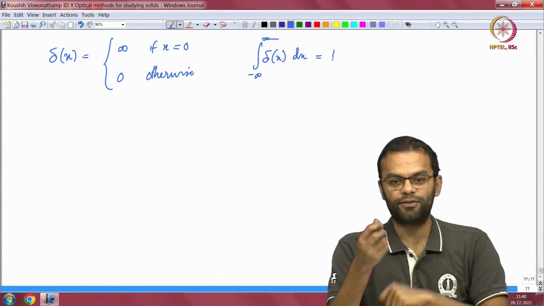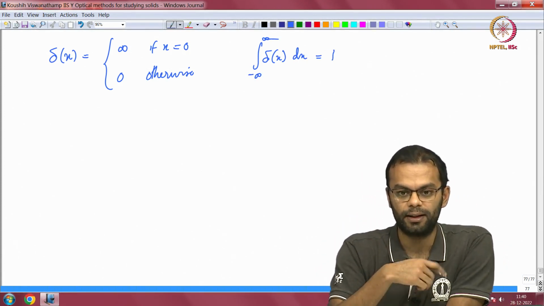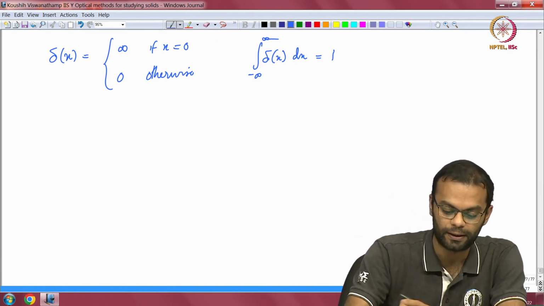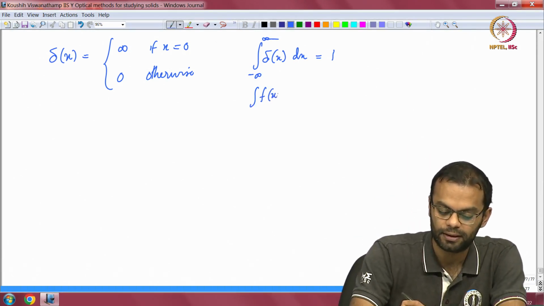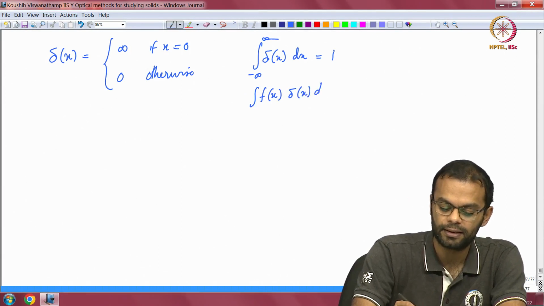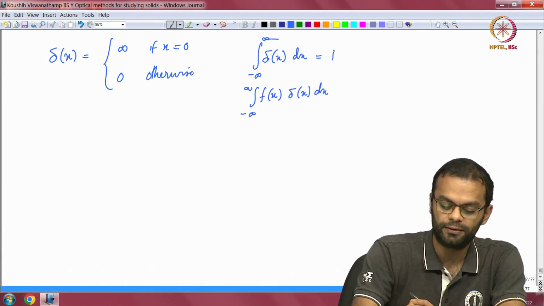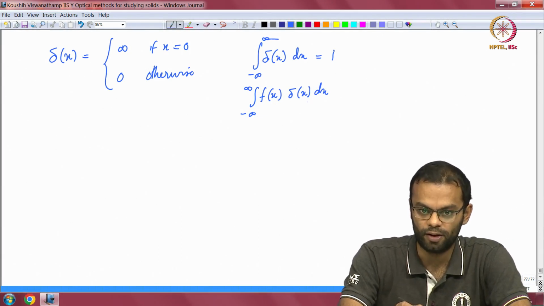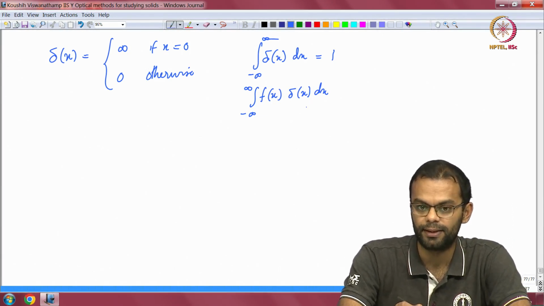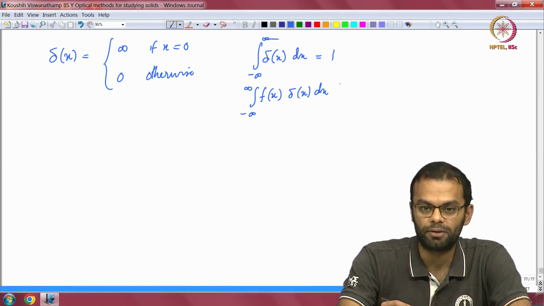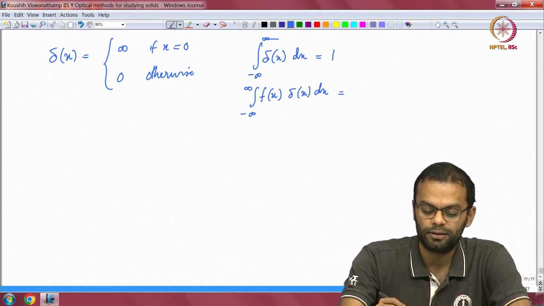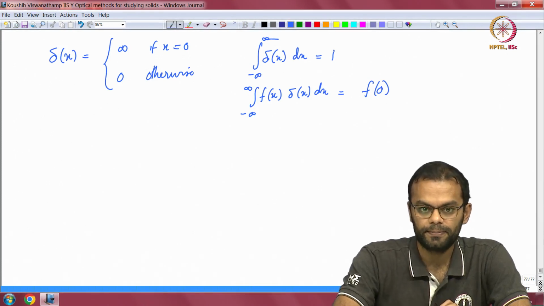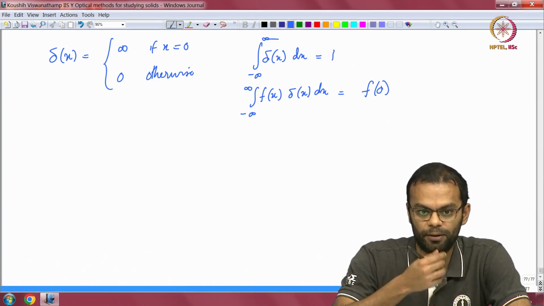Okay. So, just a way of sampling one particular value out of infinite of them, right. So, if you do for example integral f of x delta of x dx from minus infinity to plus infinity, everywhere else except at x equal to 0 delta is 0. So, this integral will basically vanish except at x equal to 0 where the integral is bounded. So, you will get f of 0. Okay. That is an important property of the delta function.